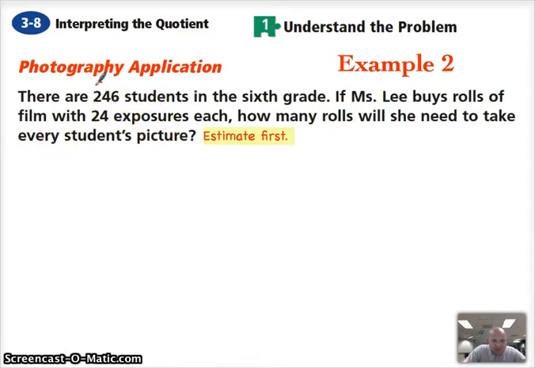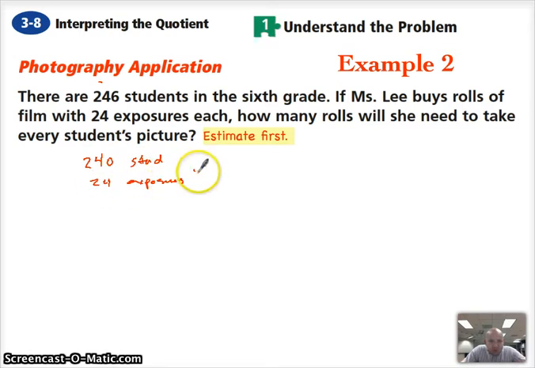So let's make this number, 246, into a number that we can easily work with, a compatible number. We have around 240 students. We have 24 exposures. That tells us right there, well, how many rolls do we need for this?